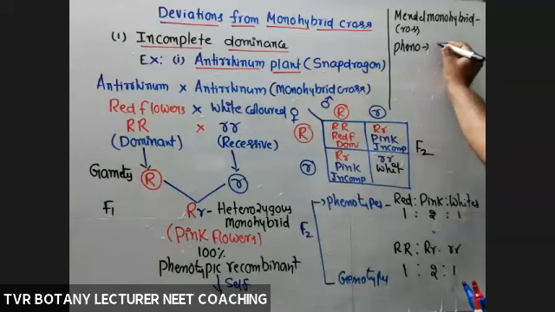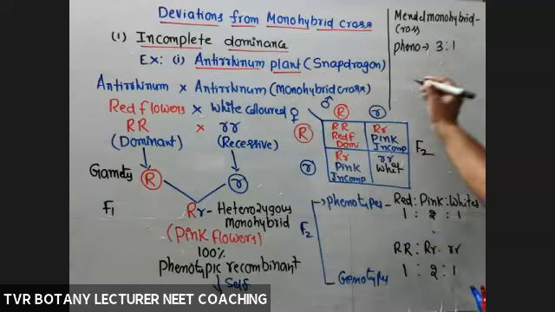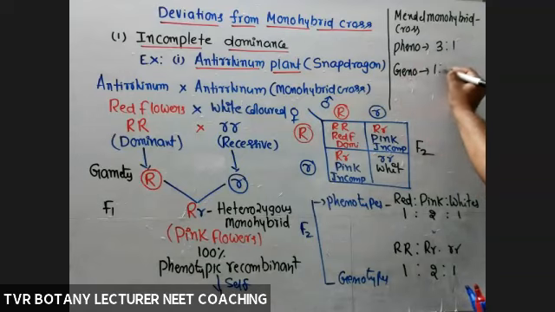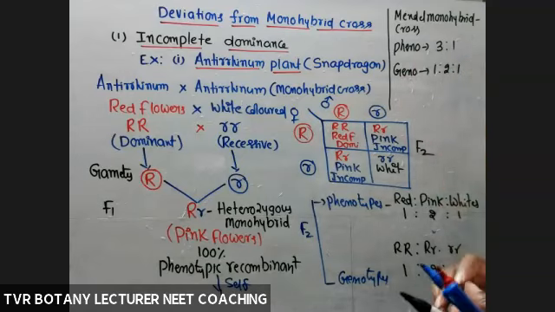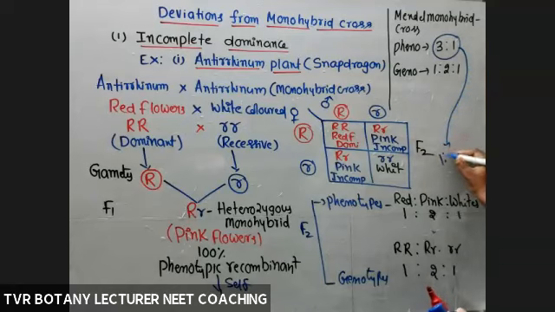What is the phenotypic ratio? 3:1, two kinds only. Genotypic ratio 1:2:1. Okay, so 3:1 changed into 1:2:1.